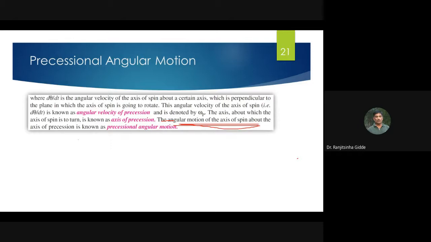Whatever dictation I am giving, this will be asked in examination. So you should underline those sentences in your notebook, so that it will be beneficial for the final examination.